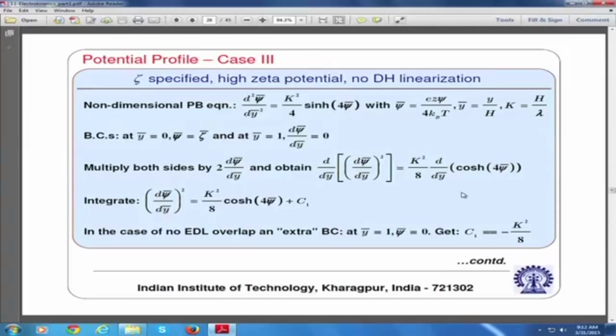When the linearization is not possible, in general you cannot get the analytical solution except for some special circumstances. So, we will discuss those special circumstances here. To explain this, it will be useful if we at least work out one or two basic steps on the board and then we will go to the slides.